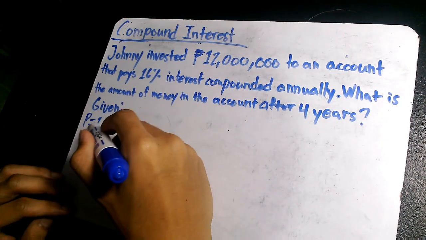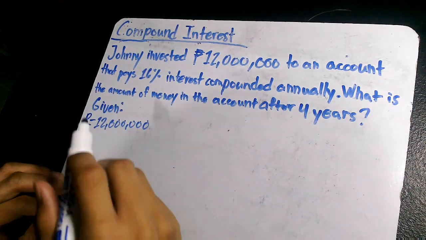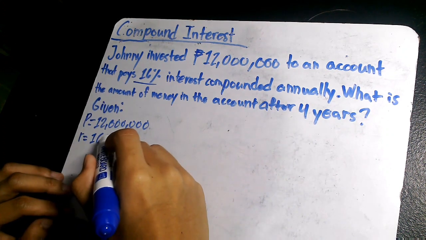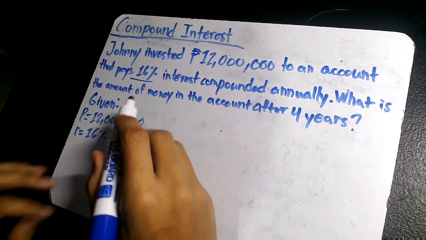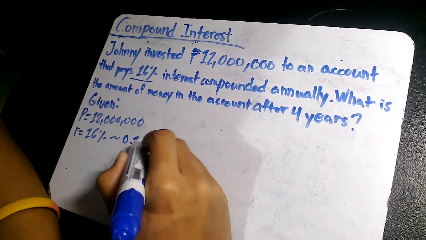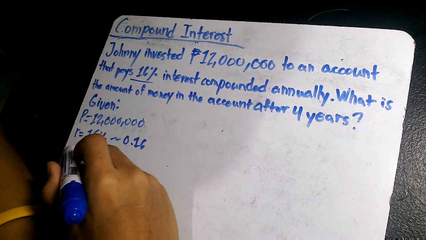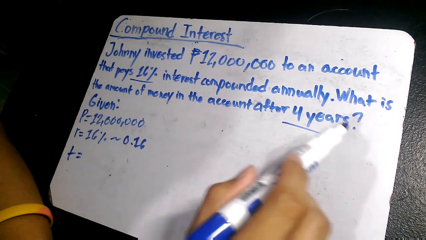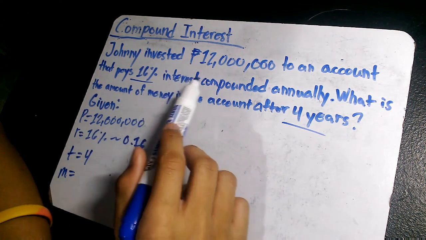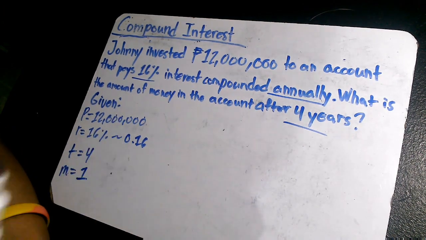P equals 12 million pesos, and R for rate is 16%, and divide it by 100 to convert it to its decimal point, which will be 0.16, and the next is time, which is 4 years, and M, compounded annually, the M is 1.